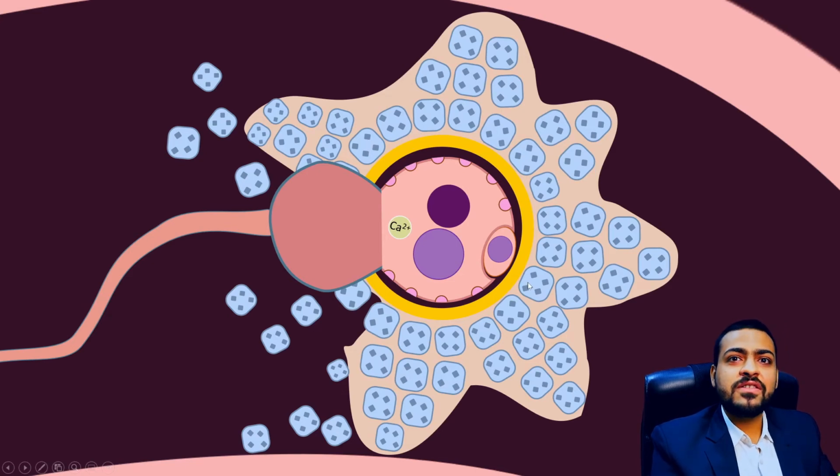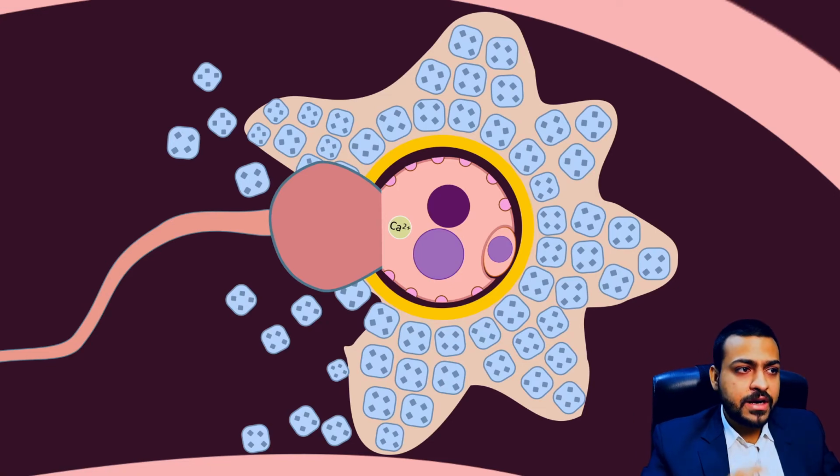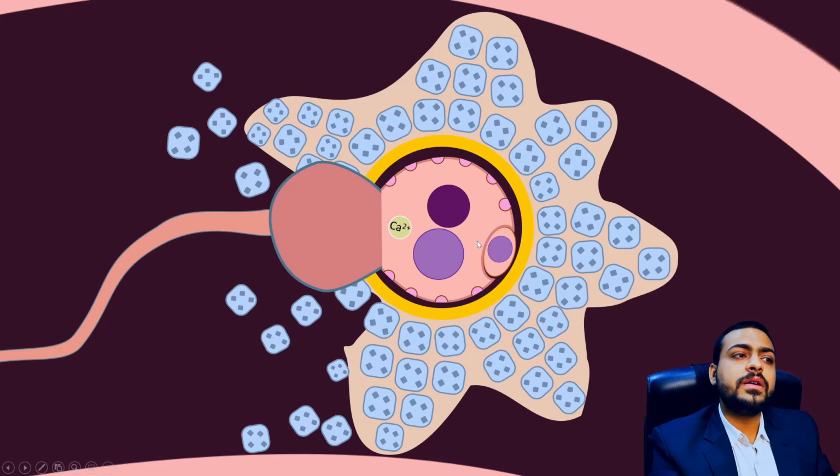So what is the benefit of doing this? This is in order to prevent multiple sperms from fertilizing a single oocyte. That is called polyspermy, so it is a mechanism to block polyspermy. Why should polyspermy be blocked? Because 23 chromosomes come from the sperm and 23 from the ovum, the total is 46 chromosomes.